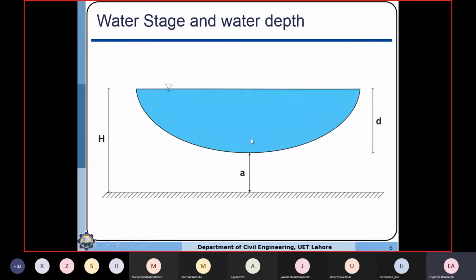And A is the difference between the datum and the bottom of the channel. So it means that stage is equal to A plus D, or D is equal to H minus A. This is the difference between stage, which is in terms of reduced level, and depth.